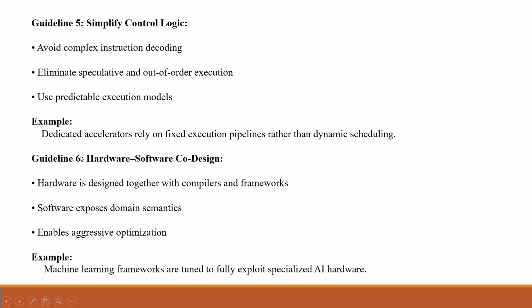Guideline 6. Hardware-software co-design. In DSA, hardware and software are always designed together with compilers, frameworks, and so on. So this software understands the hardware structure and helps in better optimization and performance. Example, machine learning frameworks are tuned to fully exploit specialized AI hardware.